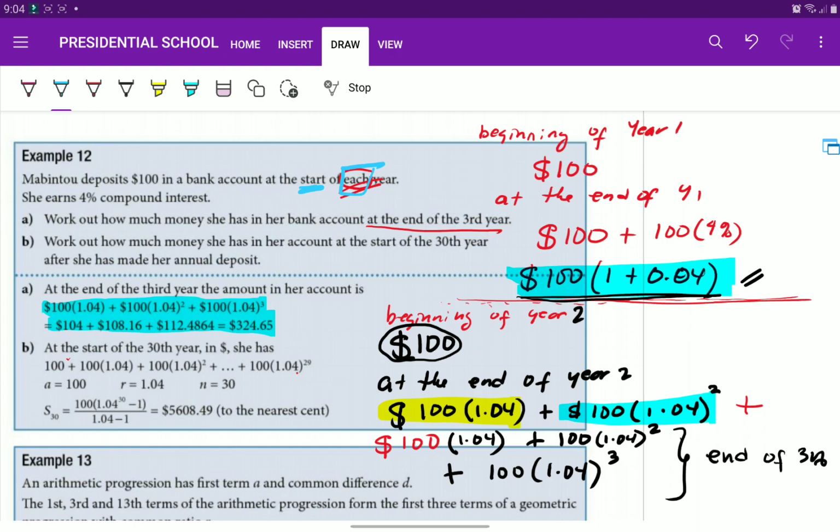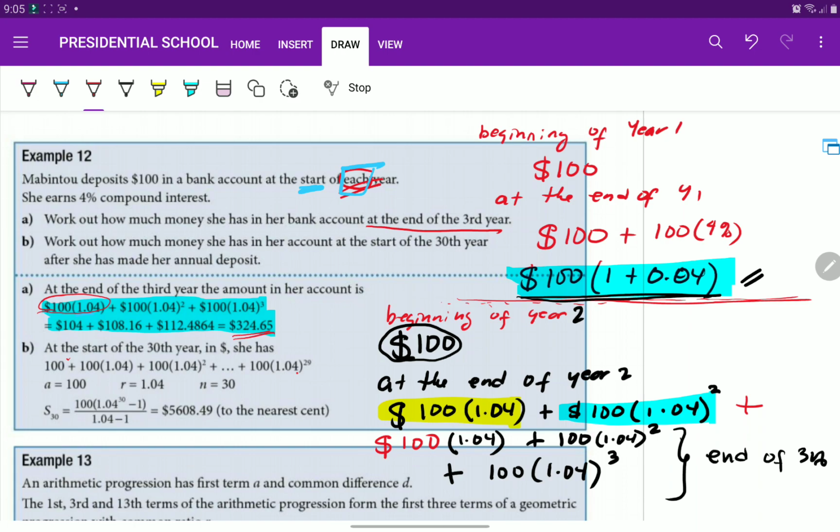You will get a geometric progression because the interest is fixed, compounded at 4%. Take a look, with that little amount of interest, though I don't know if the bank will really give that much interest, if you are just making a deposit of $100 per year, you have this amount of money.